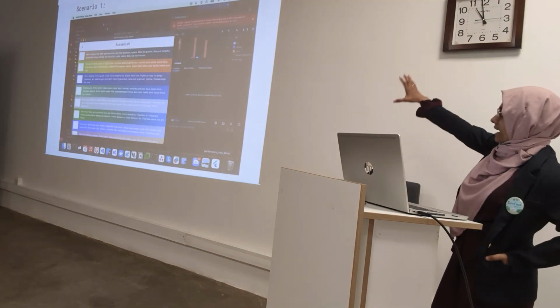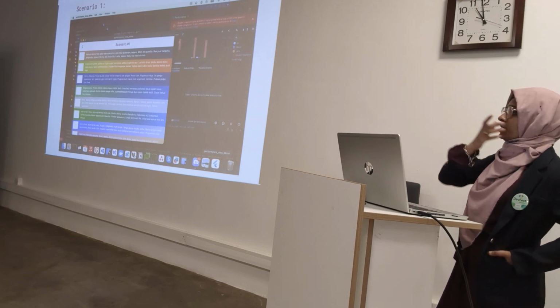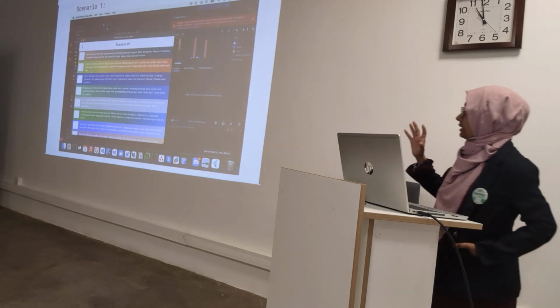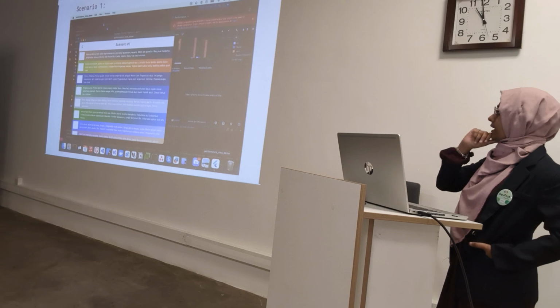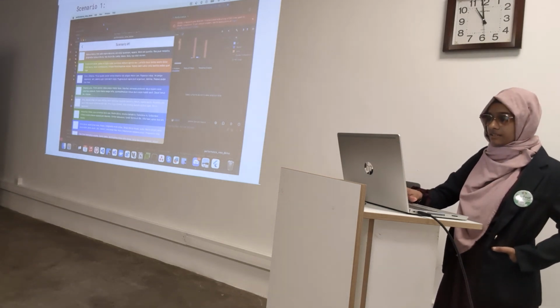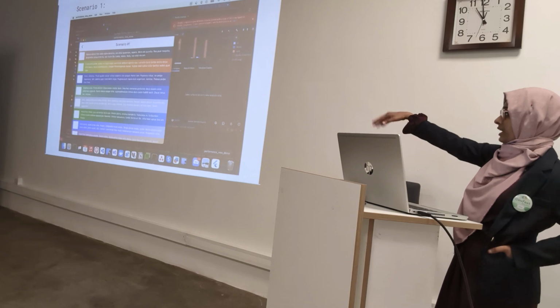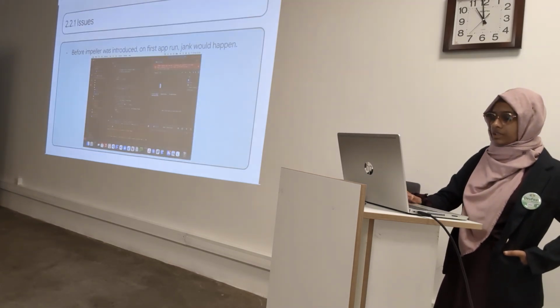When we take a look at the charts here, you can see these red bars. These red bars indicate the jank issues you're having. Like I said, if it's beyond 16 ms, it's going to give you these red lines, and that's when you know you have a problem as well.